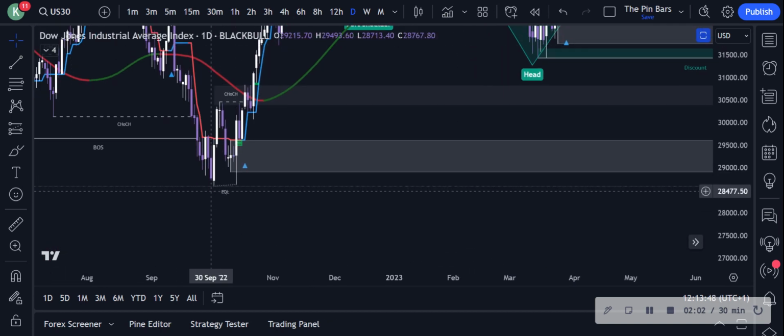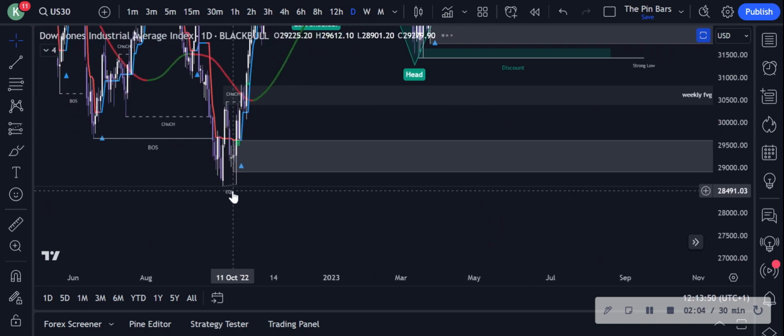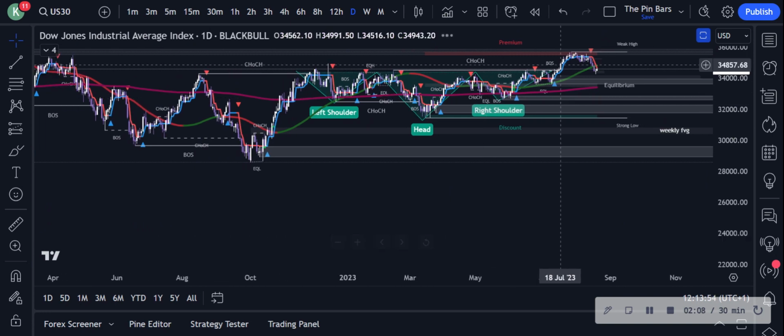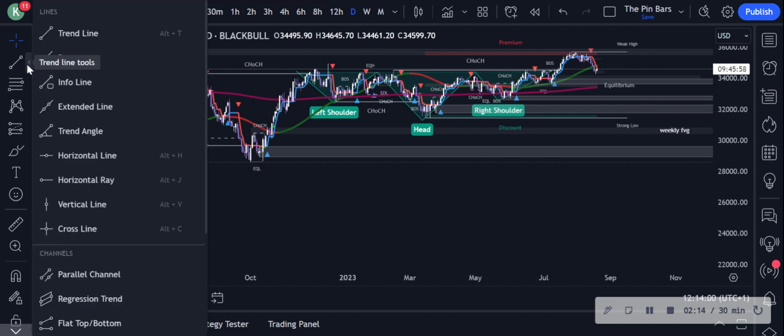We have another equal right here that hasn't been taken. So overall, I do feel price is going to come right back down to this zone, which I am going to now just mark up.